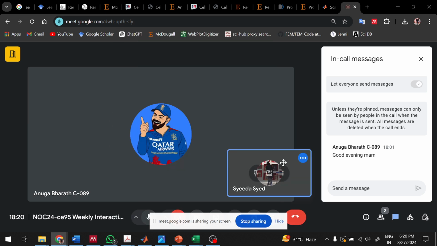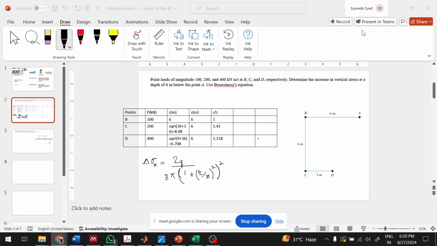Can you see my screen now? You can't see my screen, but I am sharing. Okay, if there is any problem, you just let me know. I did not know that my screen was not visible. I'm sorry about that.